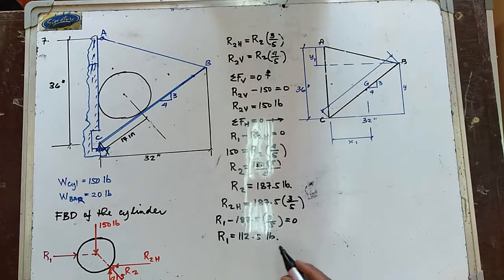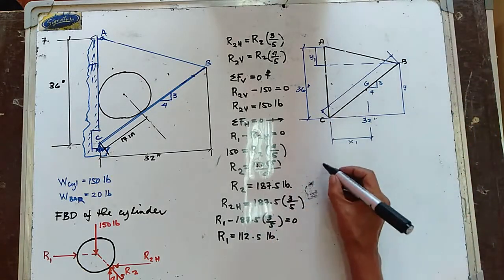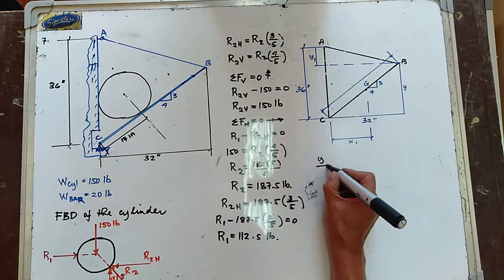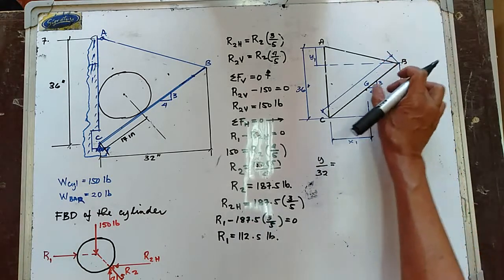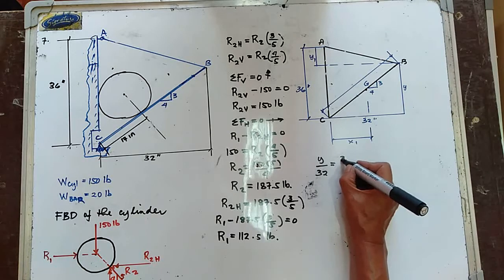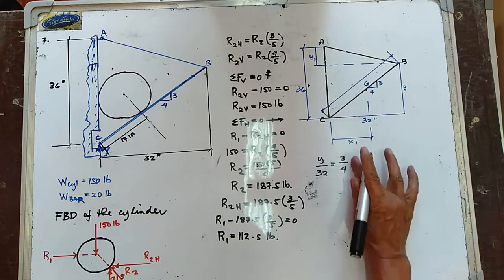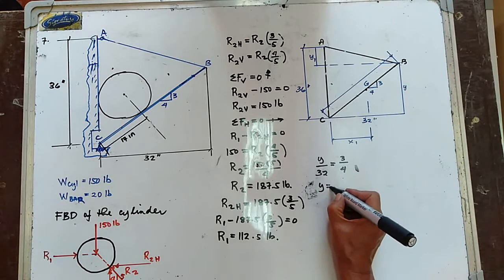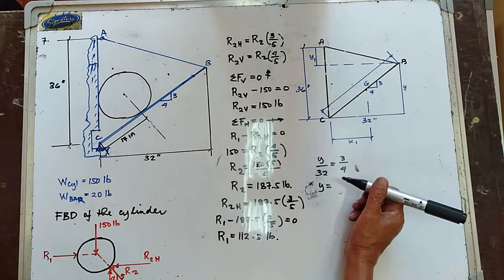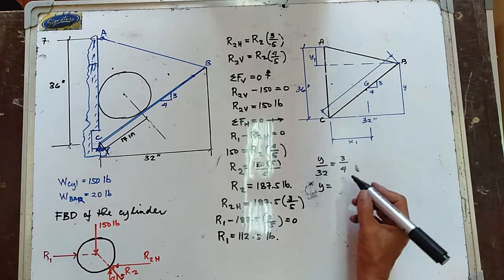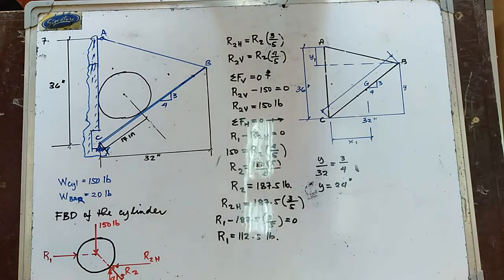Using similar triangle, y is to 32 is equal to 3 is to 4. Hence, the value of y is equal to 32 times 3 all over 4, and that is equal to 24 inches.